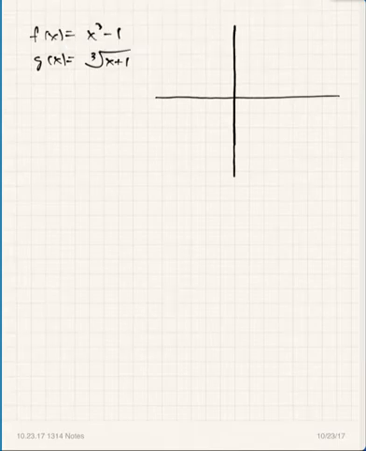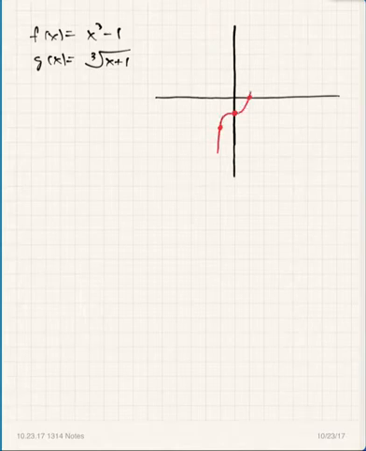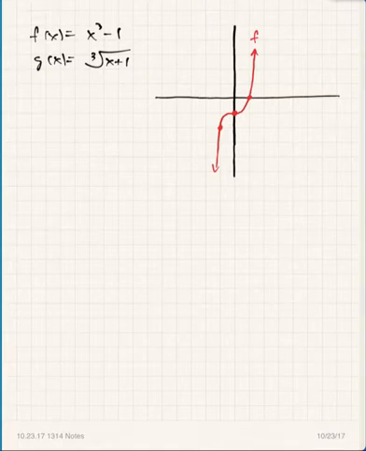So if I'm going to graph x cubed minus 1, it's our cube function, which we know from earlier in the semester, shifted down 1 unit. You could plot points to get the same graph if you wanted to. But this is the graph of x cubed minus 1. This is the graph of f right here. Now notice what g, its inverse, what its graph looks like on the same coordinate system.